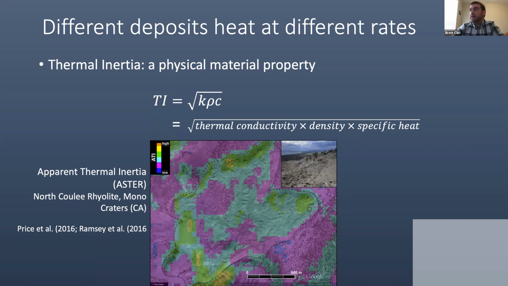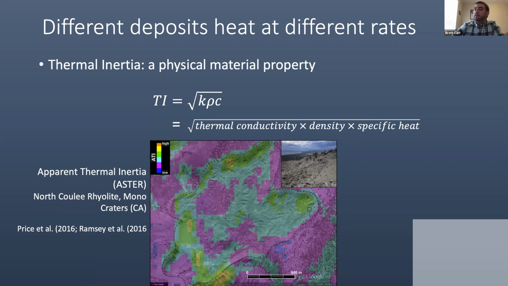Thermal inertia is basically a material's ability to resist heating due to external forcing. In this case, this is solar heating, and the higher thermal inertia the material has, the more it's able to absorb the solar input, and the surface of that material is going to appear to heat slower because the material needs to absorb more heat before its surface heats up.